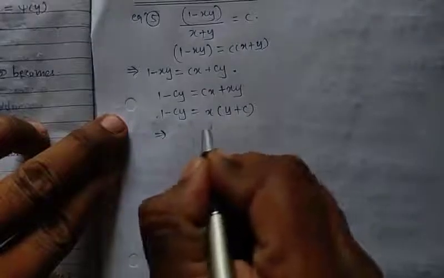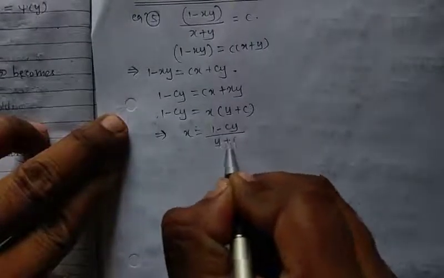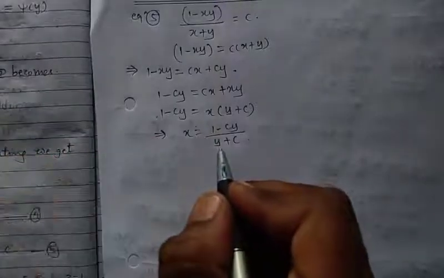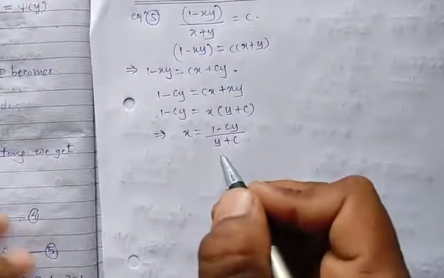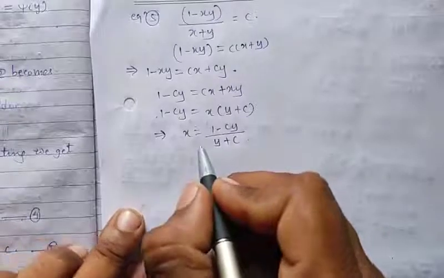Then here we get x is equal to (1 - cy)/(y + c). Okay, we get the value of x as (1 - cy) upon (y + c), right? Now substitute this value of x in equation 6.